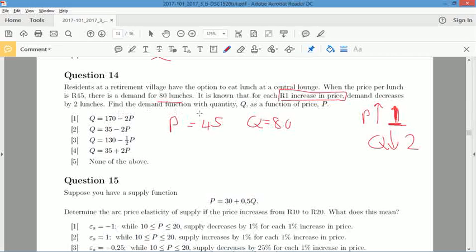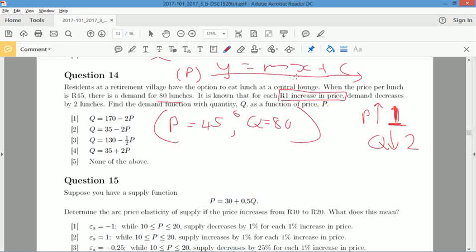Find the demand function with quantity Q as a function of price P. We need to establish what this is. That's a point. Remember, I need y equals mx plus c. Obviously, I'm going to have to interpret this. So y we said is denoted by p, and x is generally denoted by q. So quantity is 80, and price is 45. Then that'll be like your x and your y.